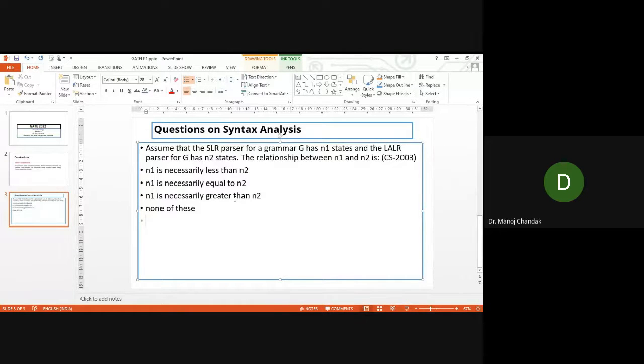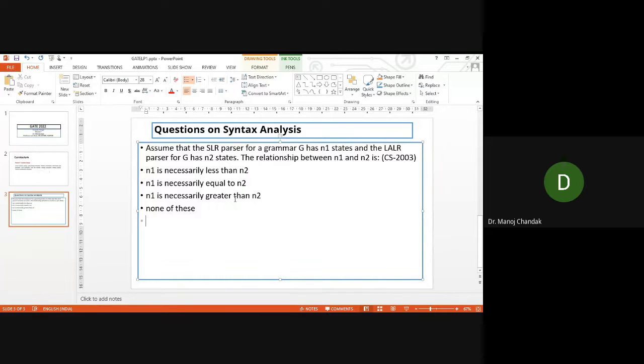Assume that SLR, which stands for simple LR, parser for a grammar has N1 states, and the LALR parser for the same grammar has N2 states. Then what is the relationship between N1 and N2?